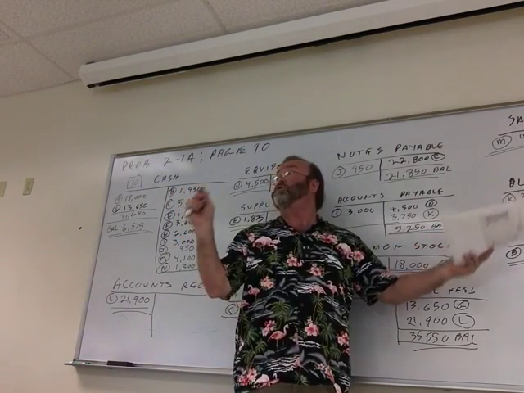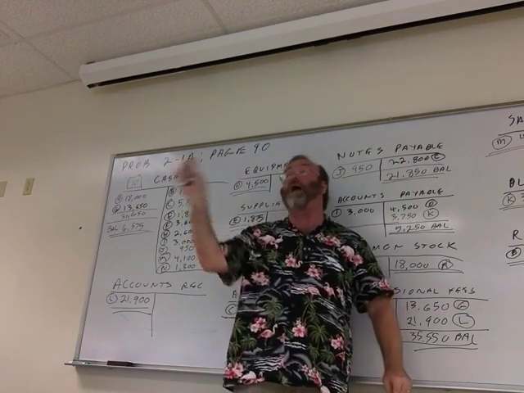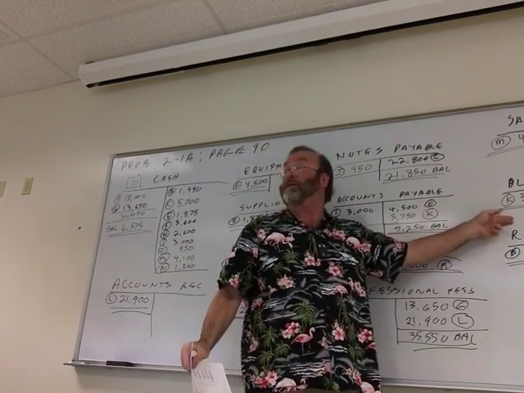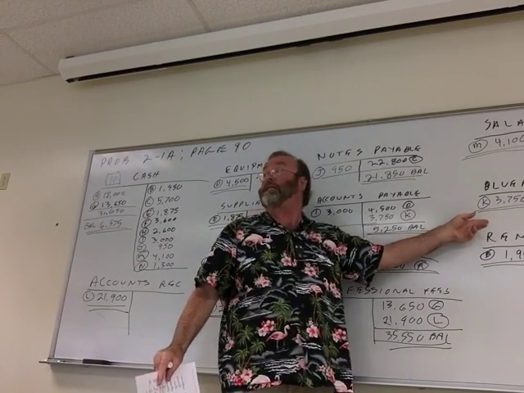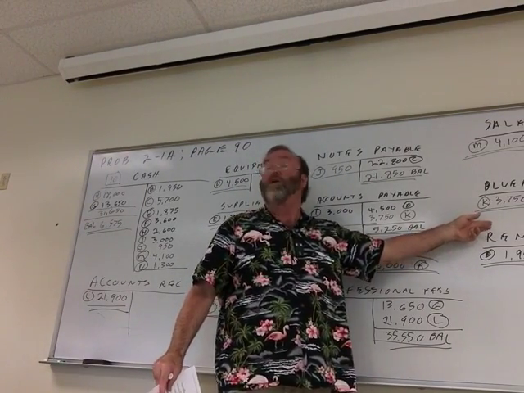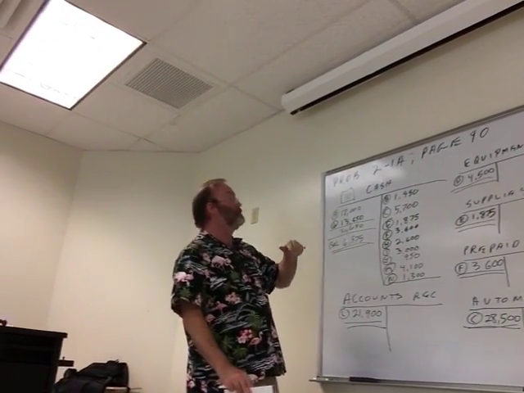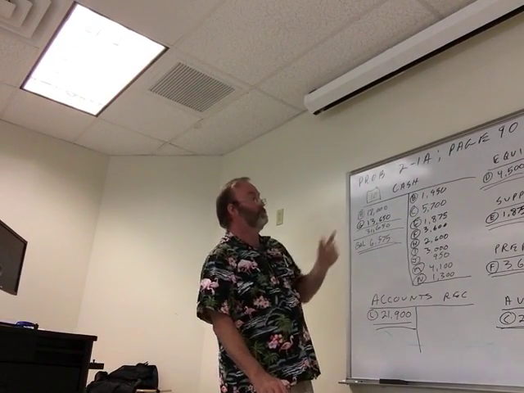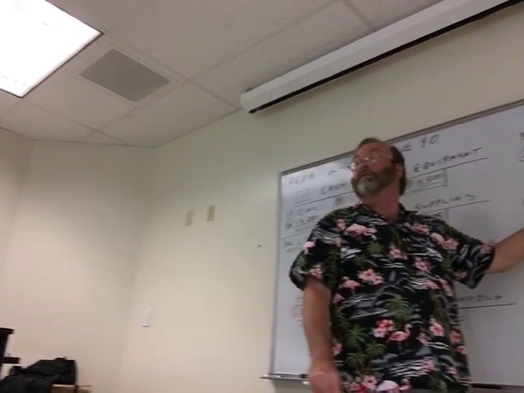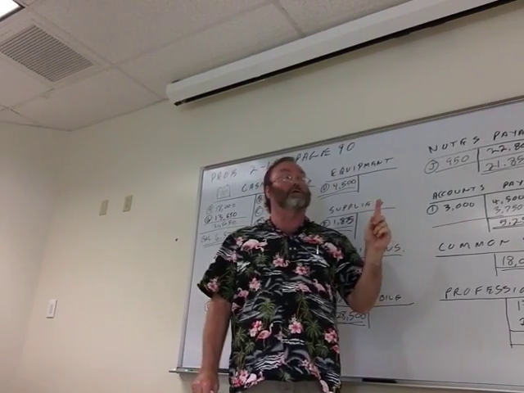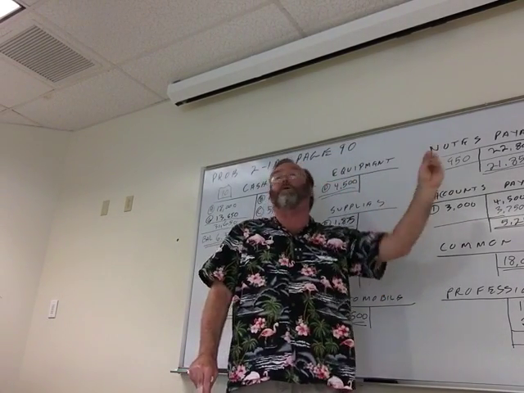What you did was you didn't post or didn't write one side of it. You might have posted the debit to the blueprint expense account, but you didn't post the credit, which was accounts payable. All right? So you didn't post one of your journal entries to the proper account.